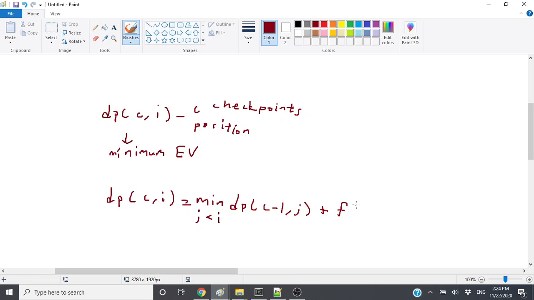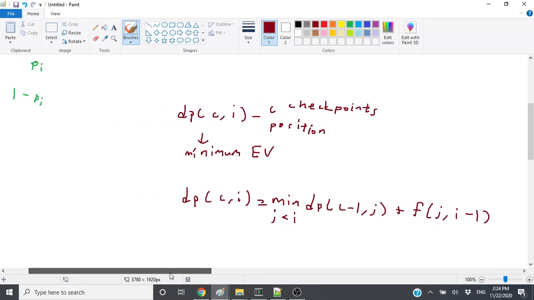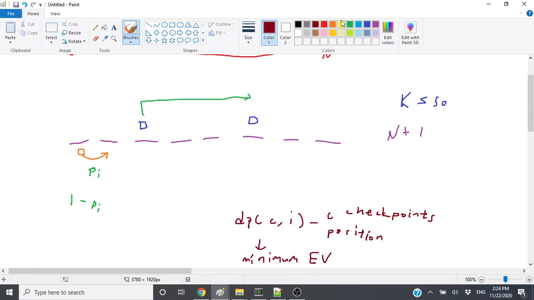Let's call that function f. Some cost function for the interval from j to i minus 1. What is this cost function? Well, it's the expected value to get the message from this point to this, provided we have a checkpoint here. So it's sort of like the subproblem for this subarray, essentially.